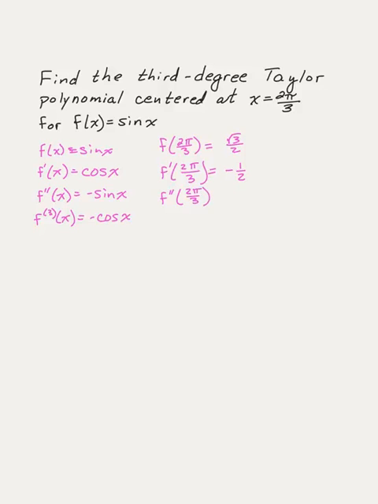For the second derivative, sine of 2 pi over 3 we already said was root 3 over 2, but we've got a negative in front, so this is equal to negative root 3 over 2. And the third derivative would be cosine of 2 pi over 3, that's negative 1/2, but again we've got a negative in front, so that turns it into a positive 1/2.